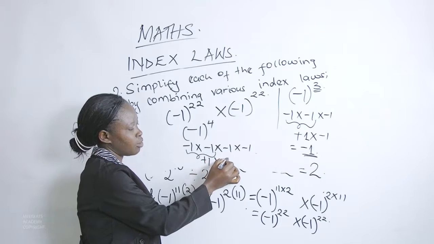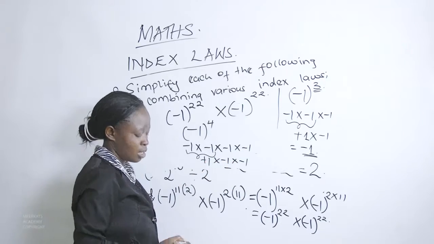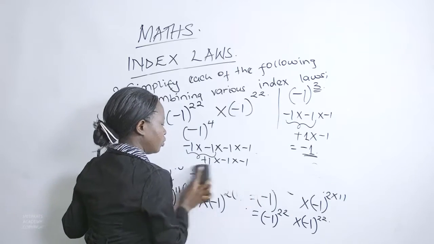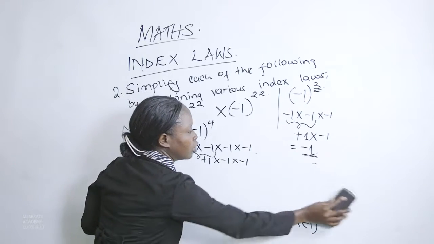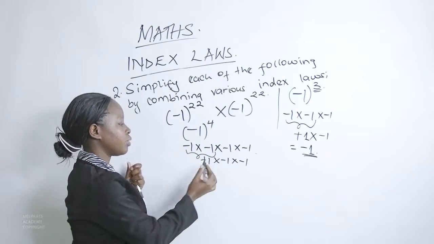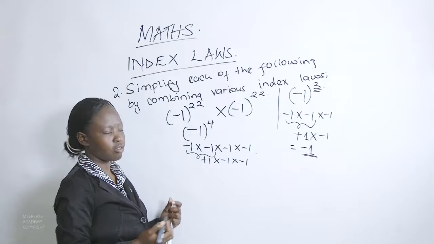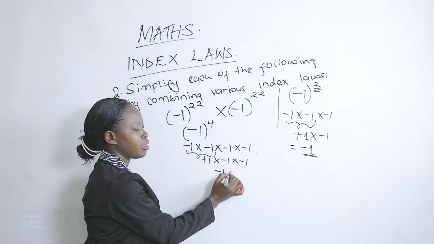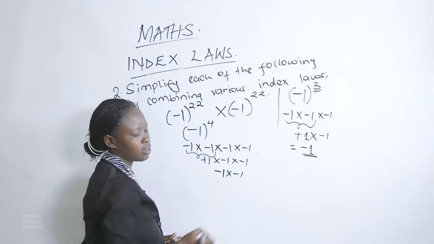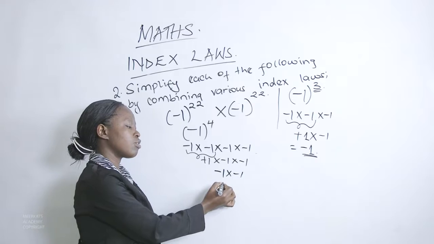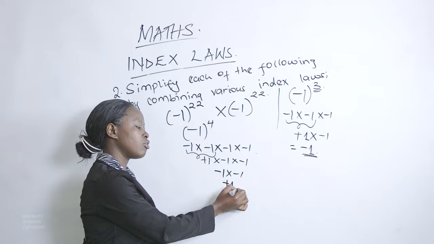Then positive 1 times negative 1 gives negative 1. Combining with the last one, negative 1 times negative 1, and a negative times a negative gives a positive number, which is positive 1.